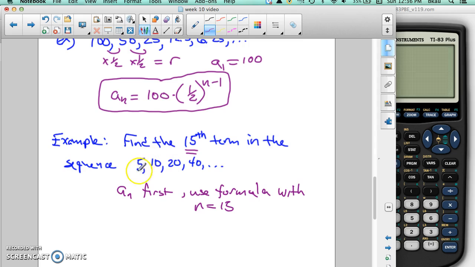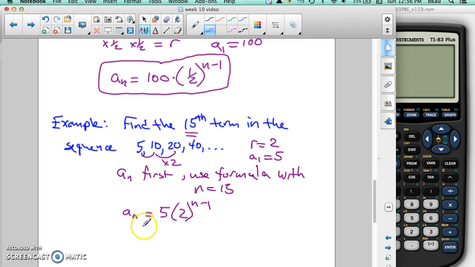So in this problem, by looking at the terms, I'm multiplying by 2 each time. So r is 2, and a sub 1 is equal to 5. So my formula, a sub n, is 5 times 2 to the n minus 1 power.